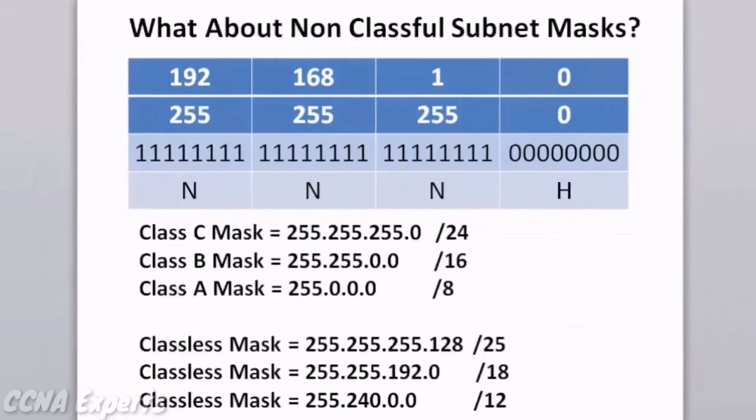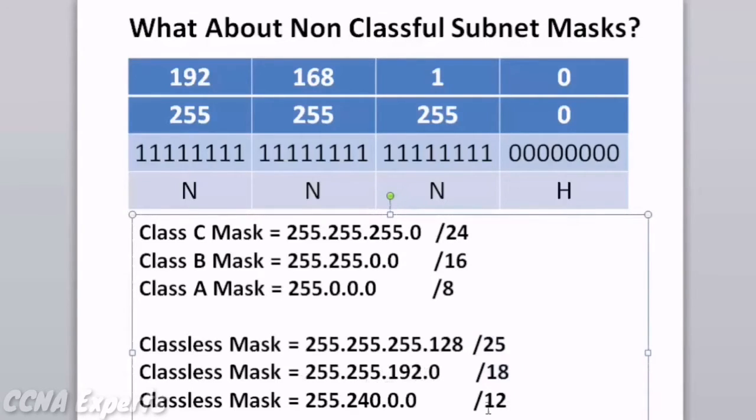What about non-classful subnet masks? We've seen that the Class C subnet mask is /24, the Class B subnet mask is /16, and the Class A subnet mask is /8. But what if we use classless masks? What if we have a /25 subnet mask or a /18 subnet mask, creating a 255.255.192.0 subnet mask?